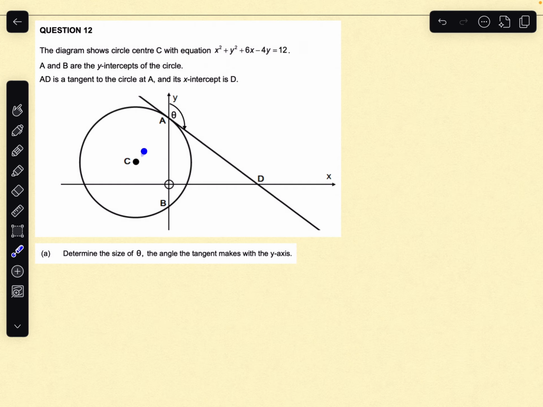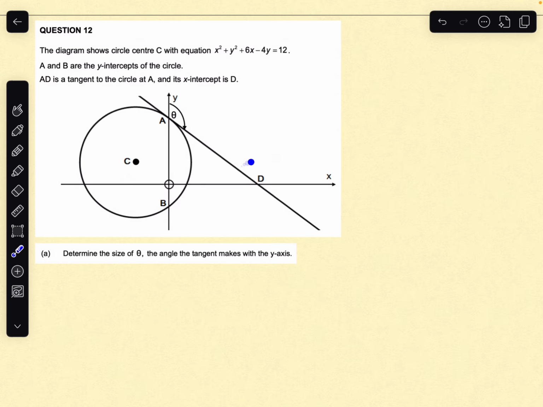That would allow us to work out the gradient of AC, and using tan perpendicular to radius, we know that these two are perpendicular, so that would give me the gradient of AD, and that would maybe tell me the angle of inclination, right, if I have that gradient, and maybe somehow I can work my way to this angle.